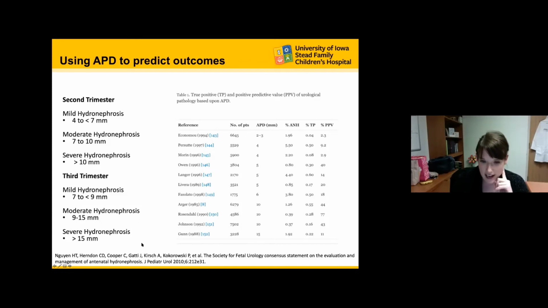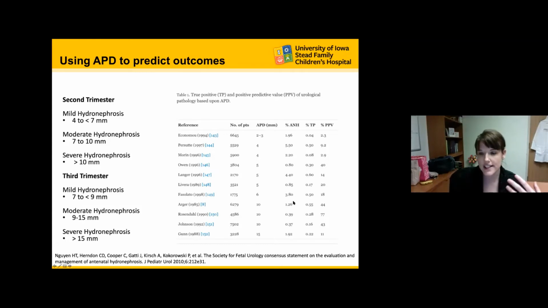And a lot of studies, including meta-analyses and systematic reviews, have looked at the ability of that anterior posterior renal pelvis diameter to predict true pathology down the road. Which kids are going to need surgery, which kids are going to have a clinically significant problem.